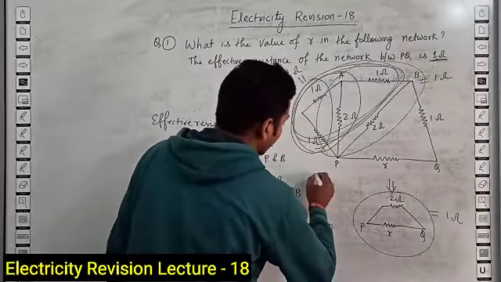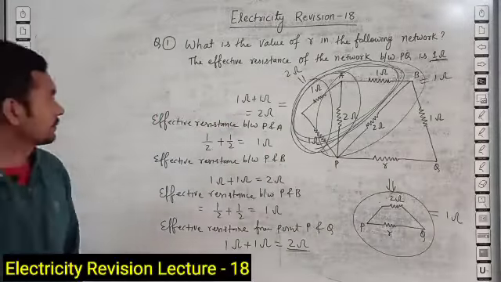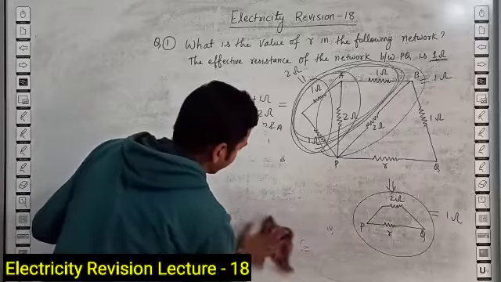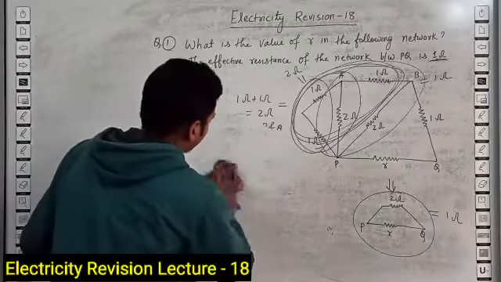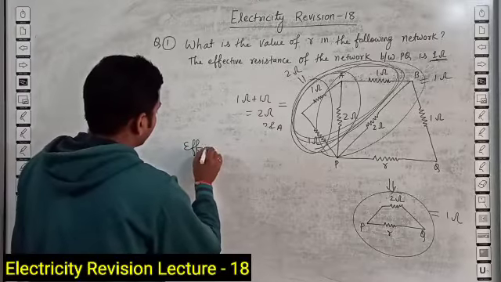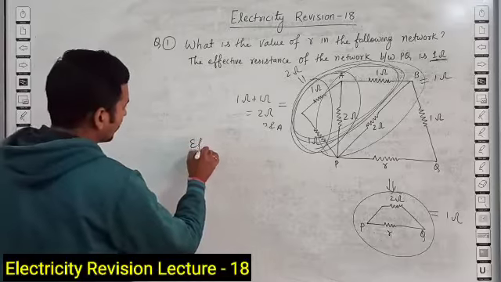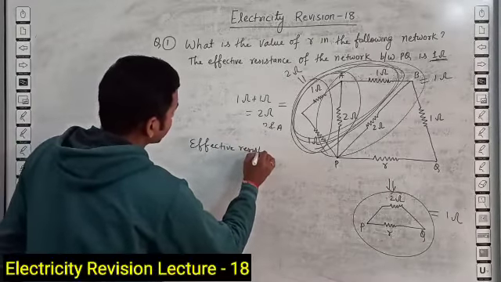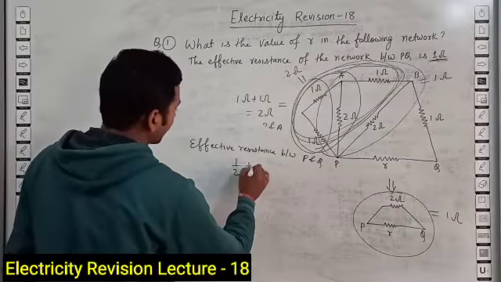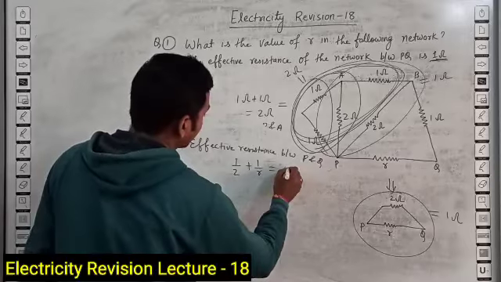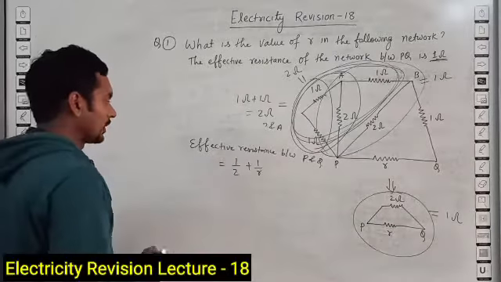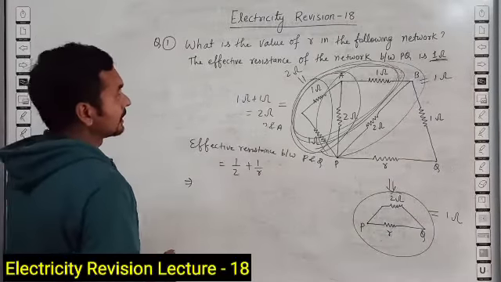So from here the overall effective resistance between P and Q: 1 upon 2 plus 1 upon R. Effective resistance between P and Q is given in the question as 1 ohm.